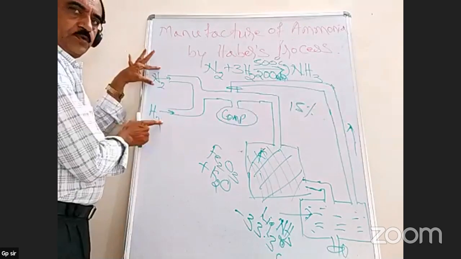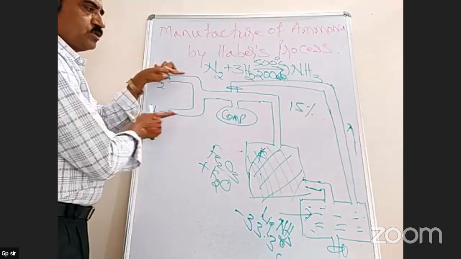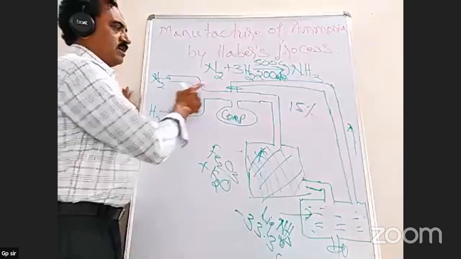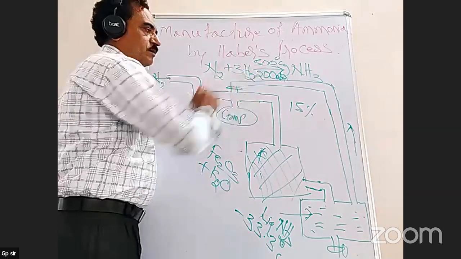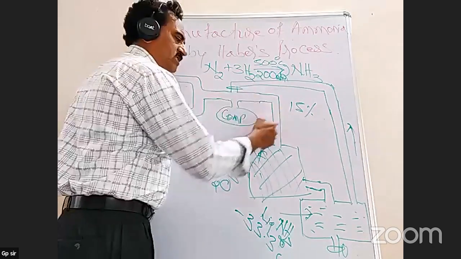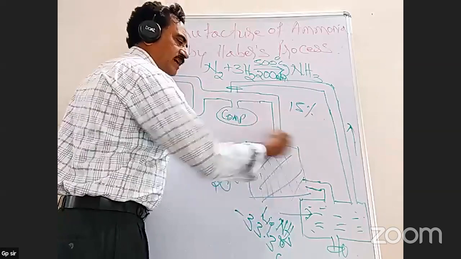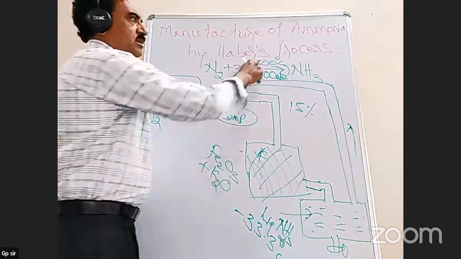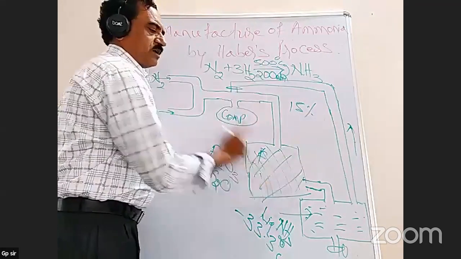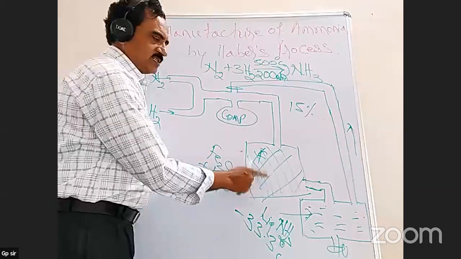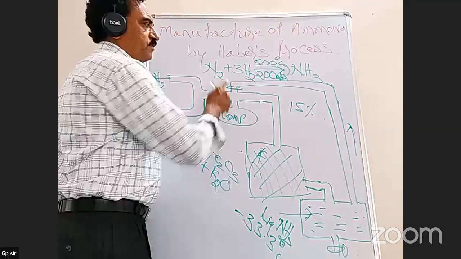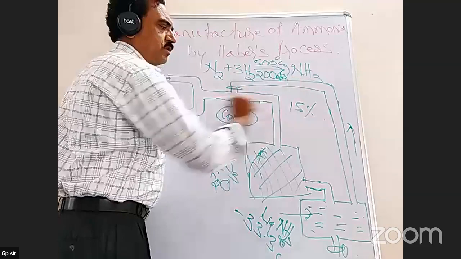Nitrogen and hydrogen in the pure 1:3 ratio by volume are passed in and compressed. Then the compressed gas is passed into the catalyst chamber, the reaction chamber. Here a moderate temperature of 773 Kelvin or 500 degrees Celsius is to be maintained. 15% of the reactants are converted to ammonia.